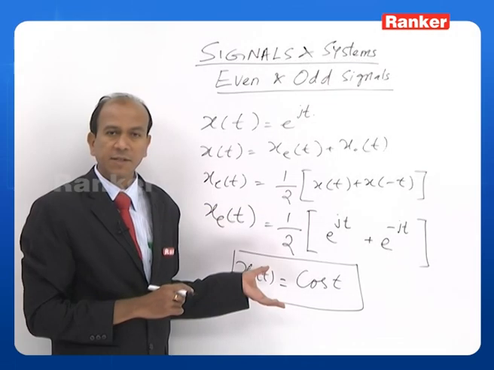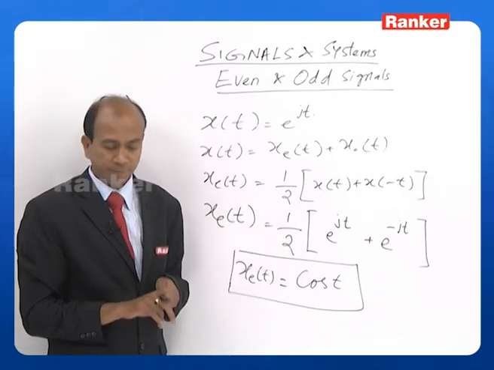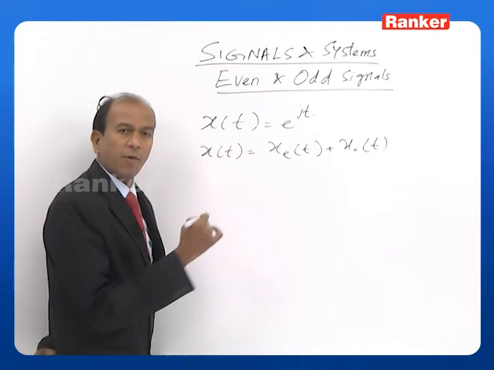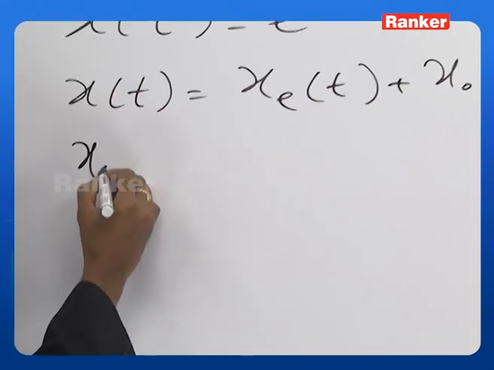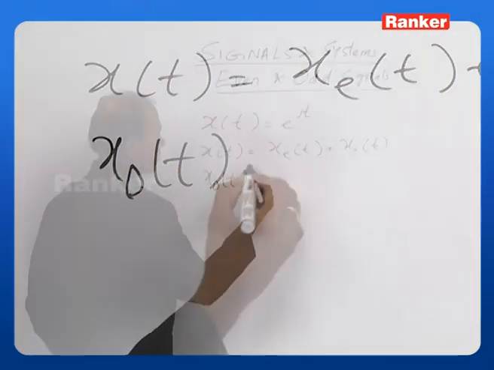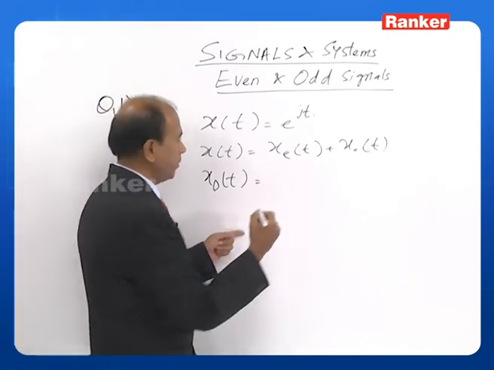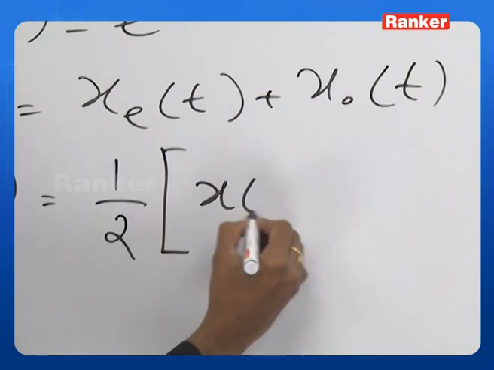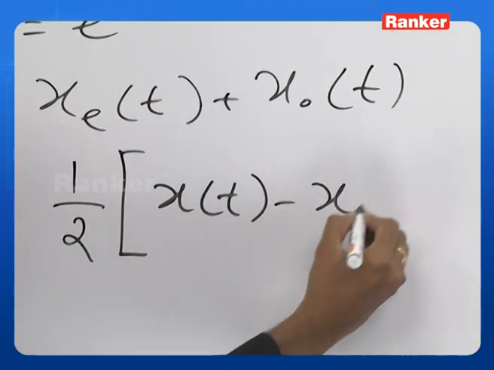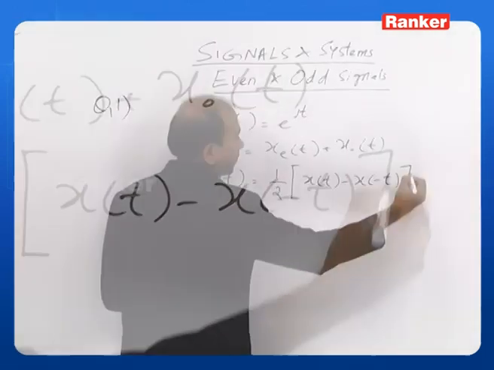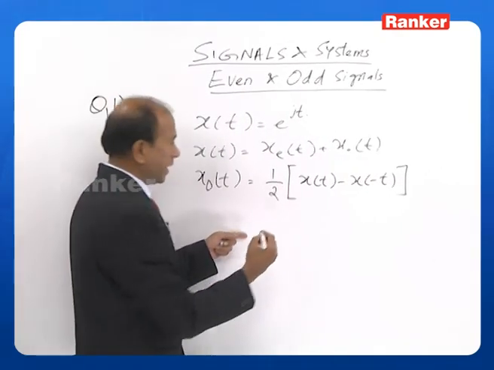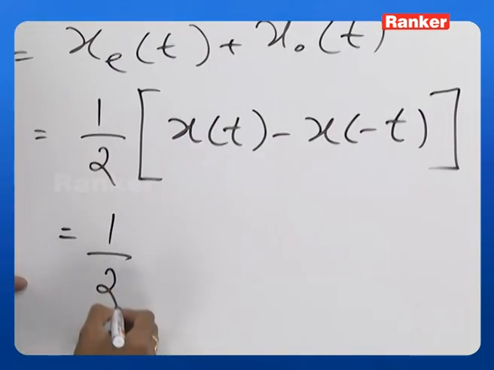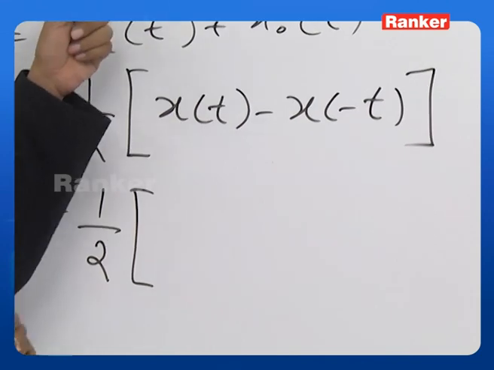Now let us calculate on similar lines the odd component. Now what is the formula for the odd component? xo of t, I repeat, xo of t is equal to half of x of t minus x of minus t. So this can be written as half. What is our x of t here? Our x of t is e to the power of jt.